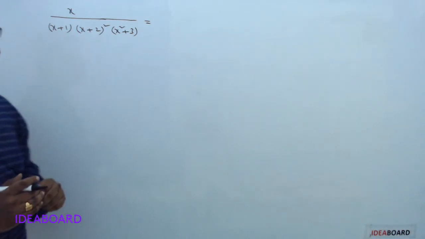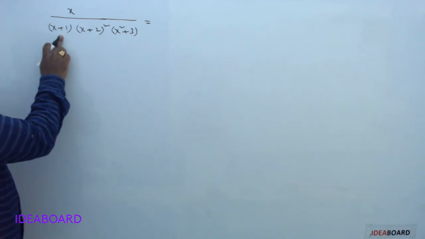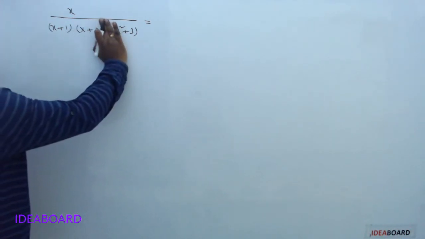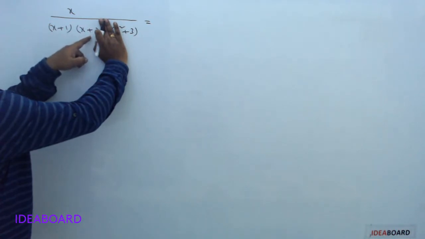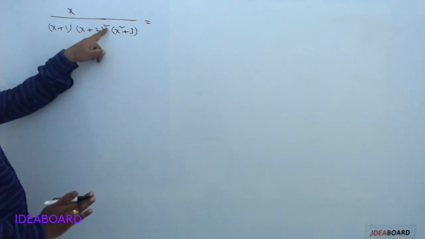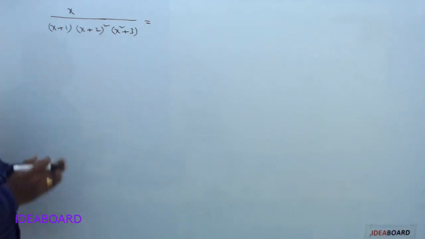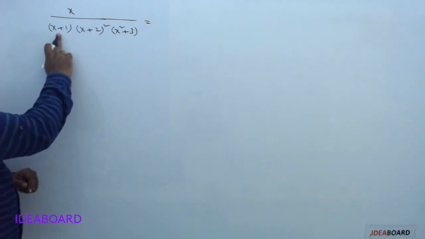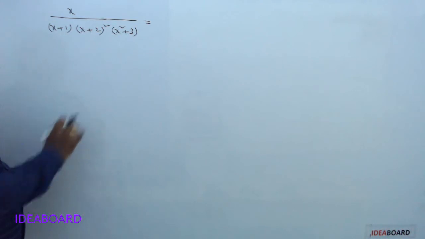Now, observe the denominator. x plus 1 is a non-repeated linear factor. x plus 2 is a linear factor because its degree is 1, but it is repeated 2 times, so it is called a repeated linear factor.